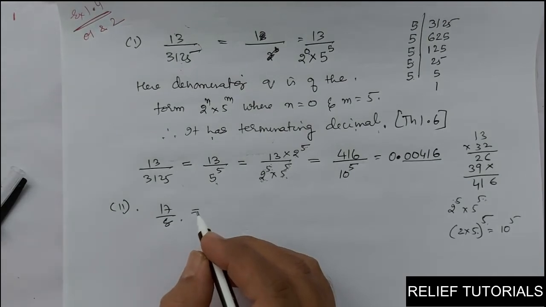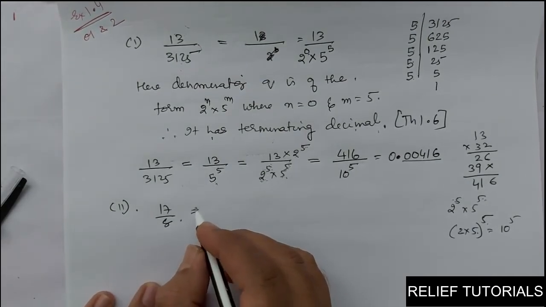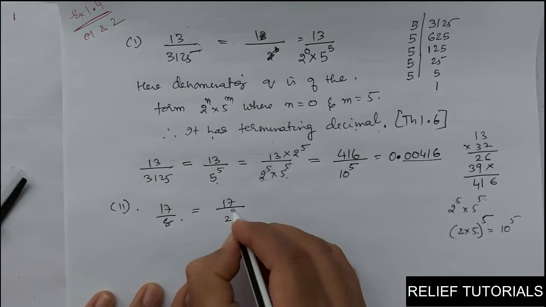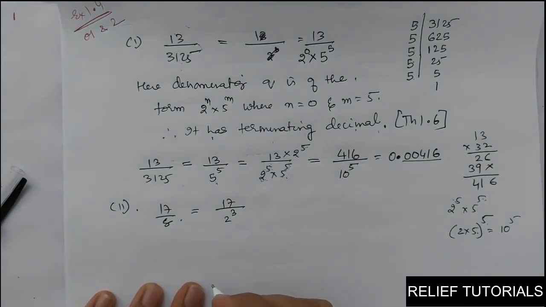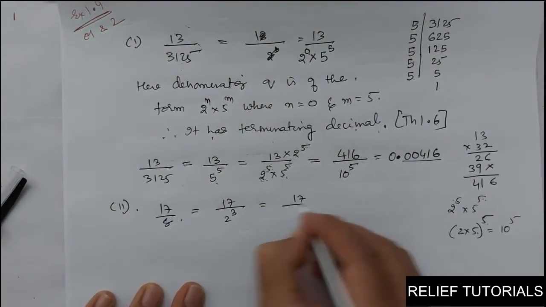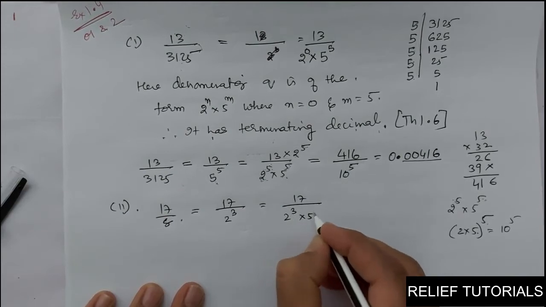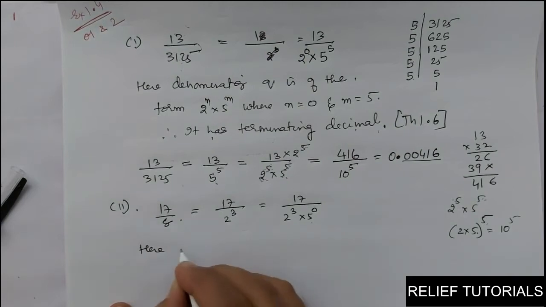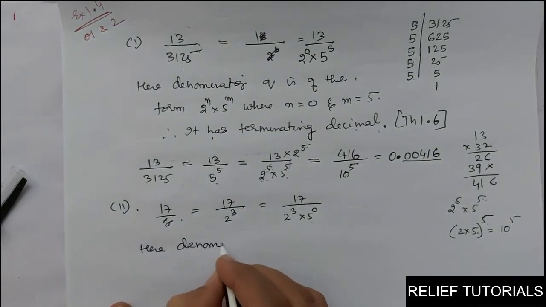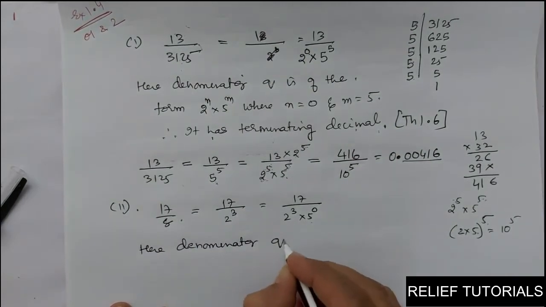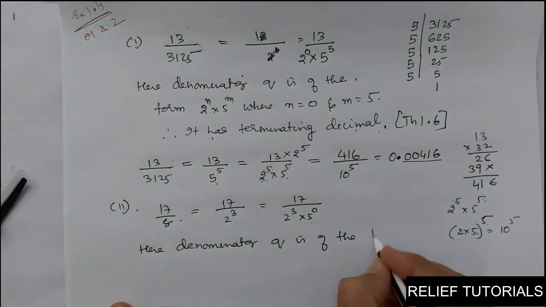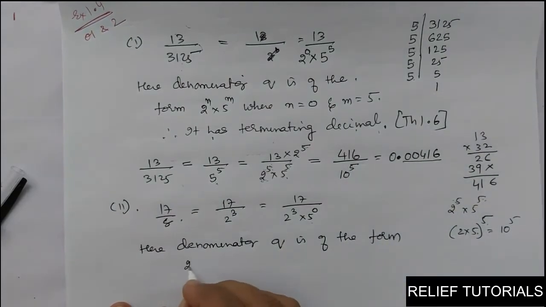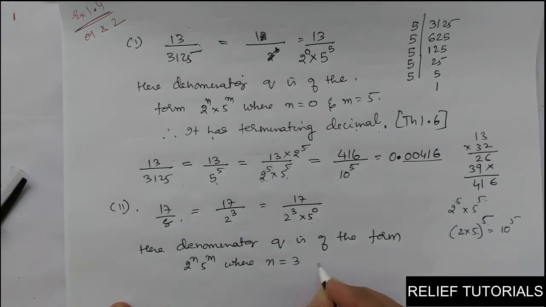17 upon 8. So how will you write this 17 upon 8? 17 upon 8, that is 2 cube. Clear? So I can write this as 17 upon 2 cube into 5 raised to 0. 5 raised to 0 is 1. So I can say here the denominator q is of the form 2 raised to n, 5 raised to m, where n is equal to 3 and m is equal to 0.